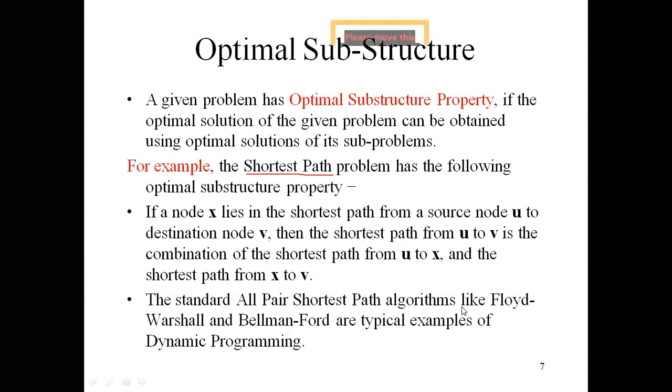In the all pairs shortest path algorithm, we consider pairs of vertices and find the shortest path. So Floyd-Warshall is an all pair shortest path algorithm, and Bellman-Ford is also an example of dynamic programming. In dynamic programming, we have these all pairs shortest path algorithms, Floyd-Warshall and Bellman-Ford.